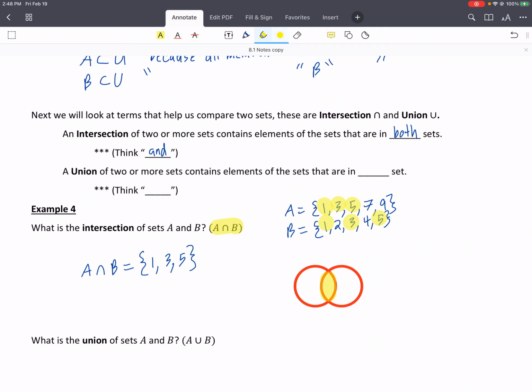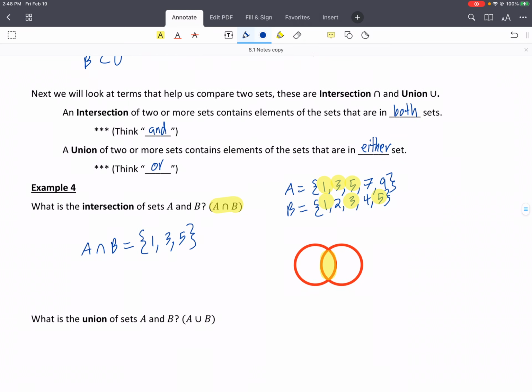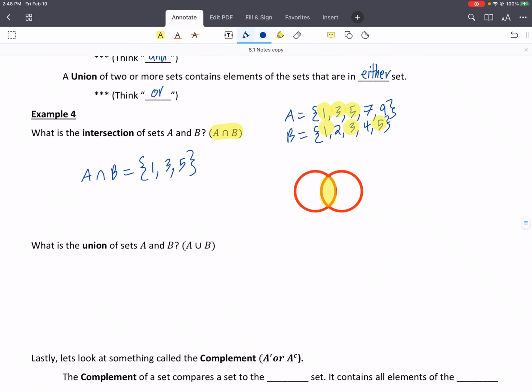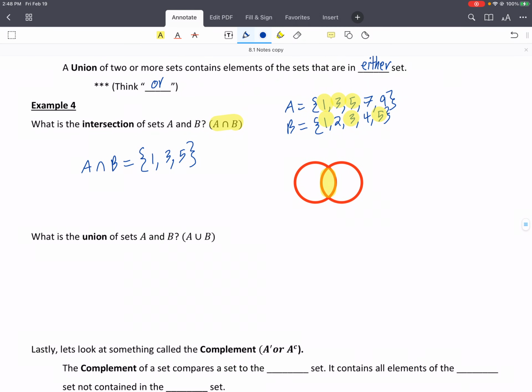Okay, and then the next thing we want to look at is a union. A union of two or more sets contains elements that are in either set. Or think "or." So they can be in either A or B.